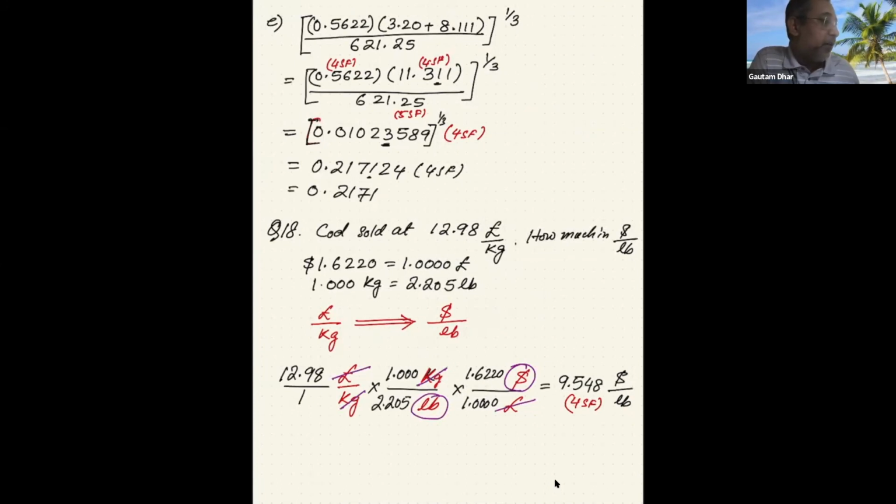Like you see, the cod sold at 12.98 pound per kg. That's the fee, and the machine reads in dollars per pound. So how do you convert that?